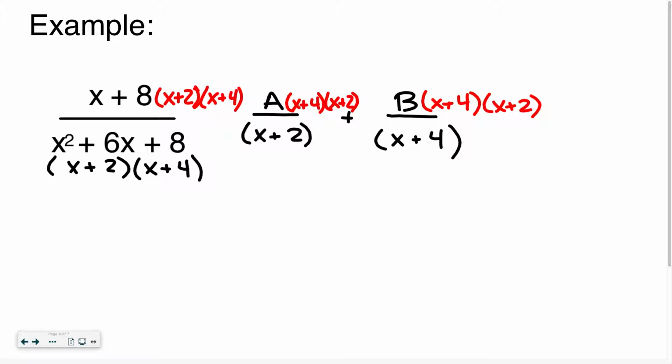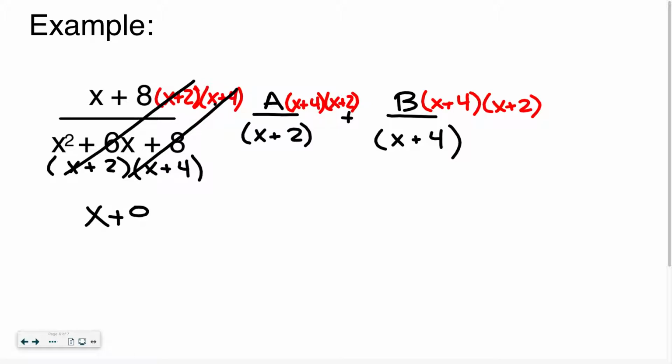Okay, well, over here on the left, x plus 8, x plus 2, x plus 4, over x plus 2, x plus 4, what happens? You're just left with x plus 8. The x plus 2's cancel, the x plus 4's cancel.